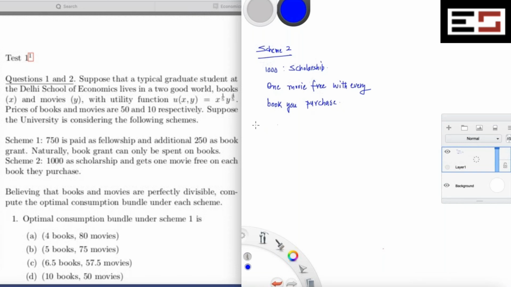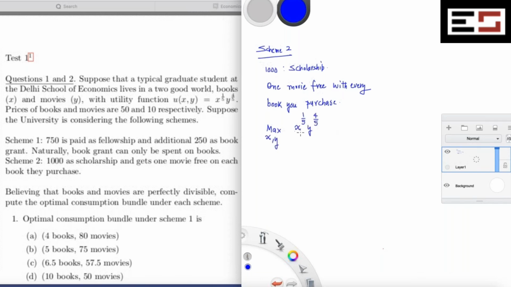Is that okay? Okay, so let us write this optimization problem where you have this kind of scheme. Again, the student would want to maximize utility.